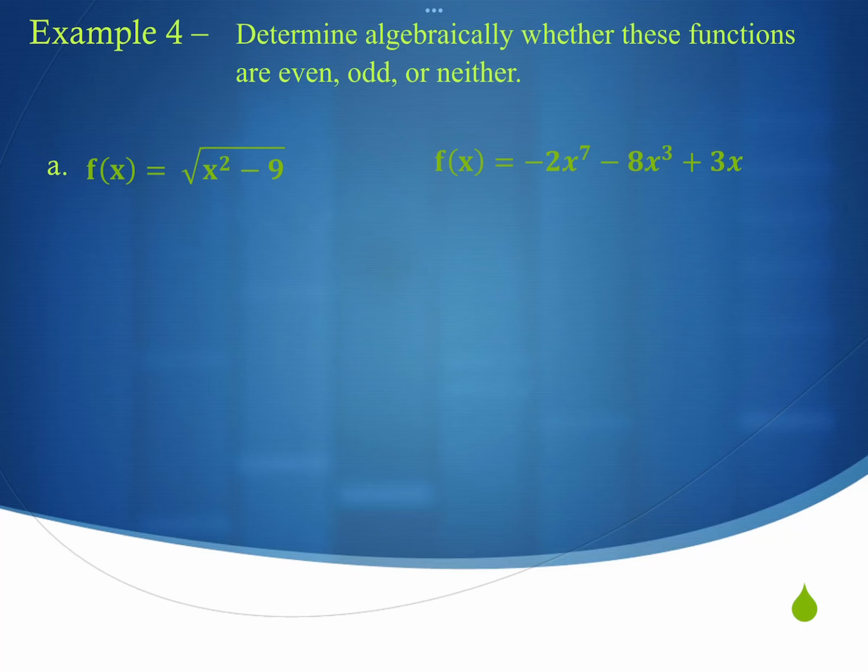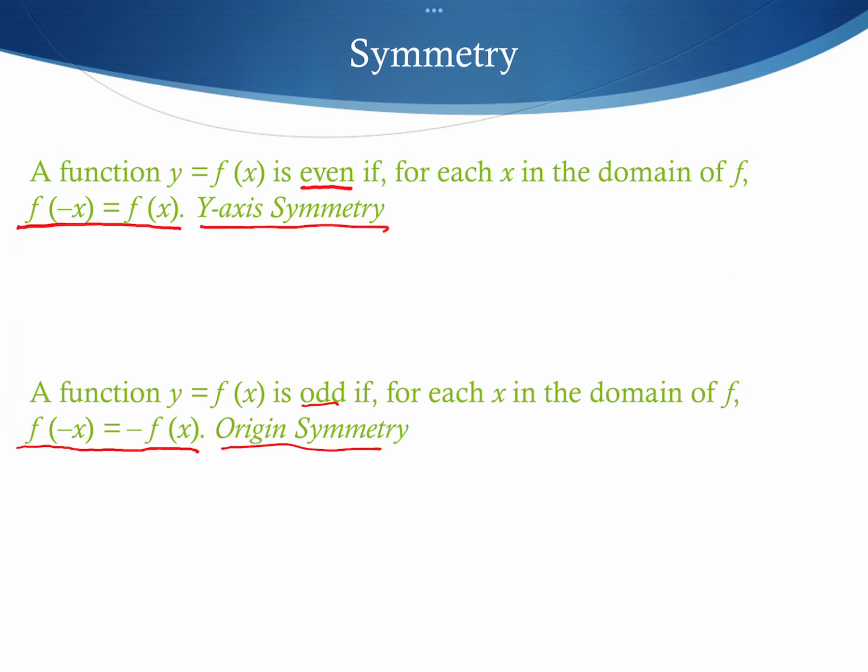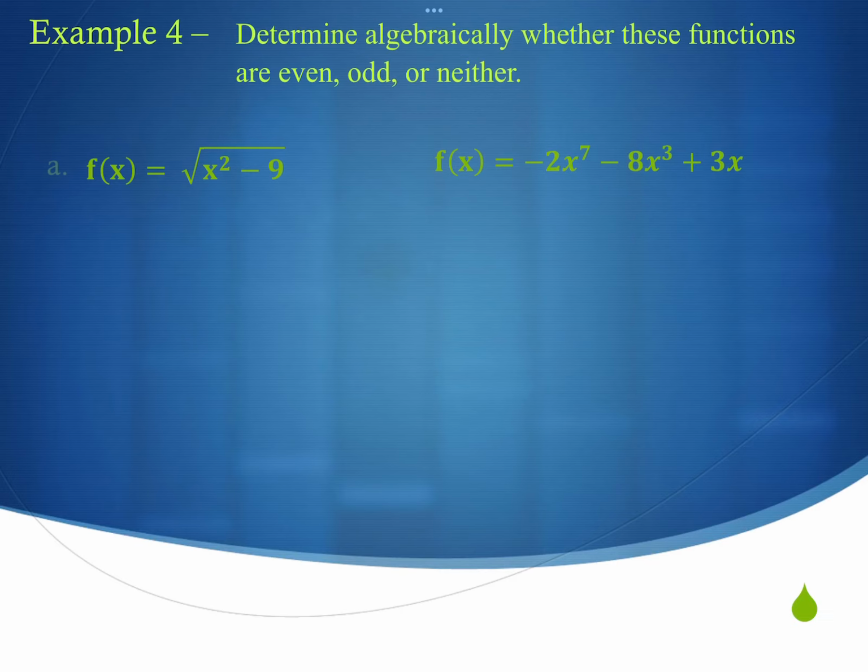Start with A. I have the square root of x squared minus 9. I think it's always easiest to show whether this equation or this equation is true. Notice both of them have the f of negative x in them, so I always start with that one. The first thing I want to find is f of negative x. That's just evaluating a function.